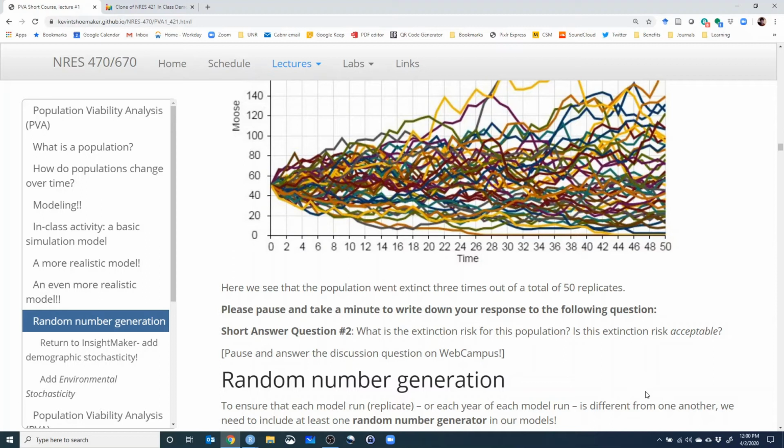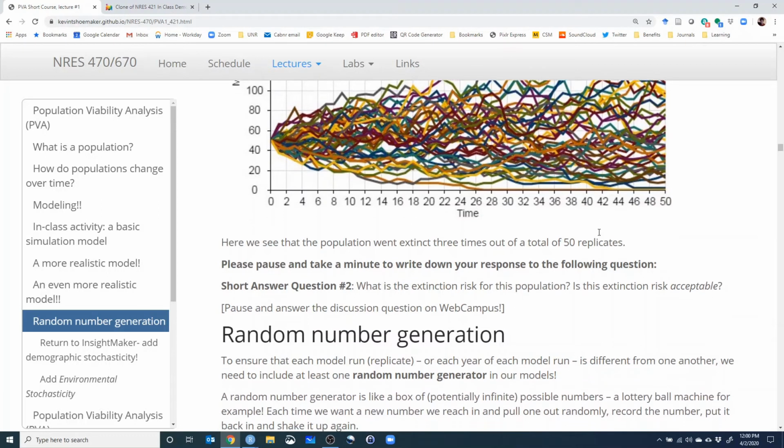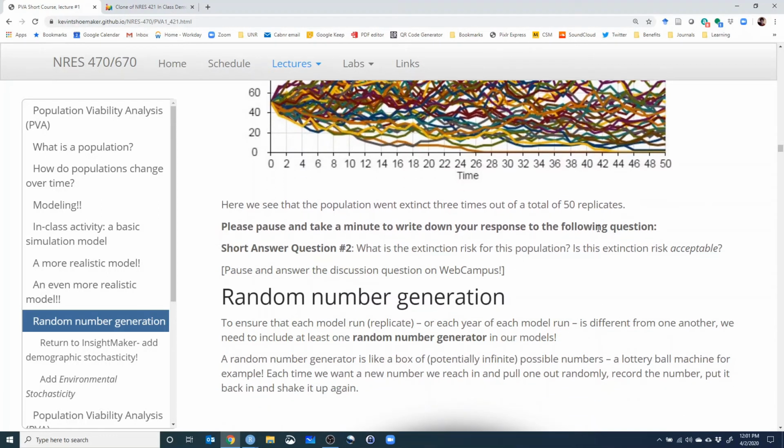And we notice we can actually count up the number of times that a replicate went extinct. So out of 50 times, we had 1 extinction, 2 extinctions, 3 extinctions by year 50. So we have 3 replicates out of 50 that went extinct. So please pause the video and go to Web Campus and answer this question.